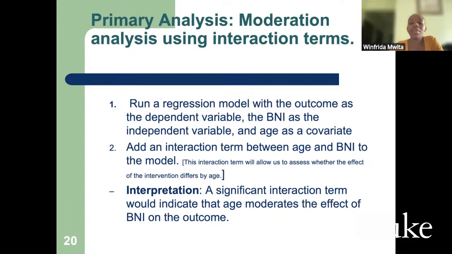An interaction term simply means multiplication, and I know the command for Stata. If your variables are BNI and age, you just put the asterisk, so it's multiplication. If from the model you get a significant interaction term, it would indicate that age moderates the effect of BNI on the outcome.